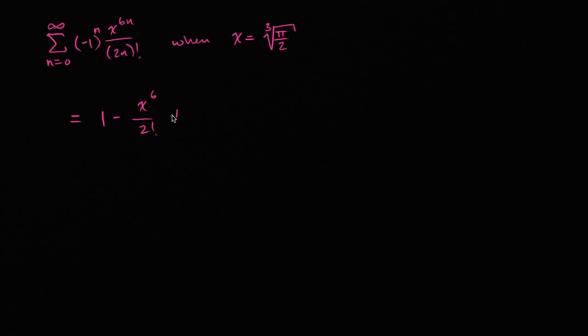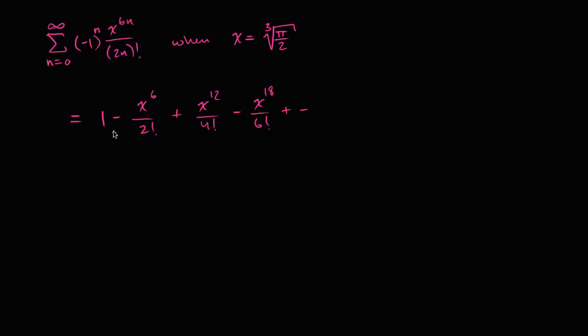When n is 2, it's positive, since negative 1 squared is positive 1, times x to the 12th over 4 factorial. And then let's just do one more. When n is 3, it's negative x to the 18th over 6 factorial. You just keep going on and on forever.